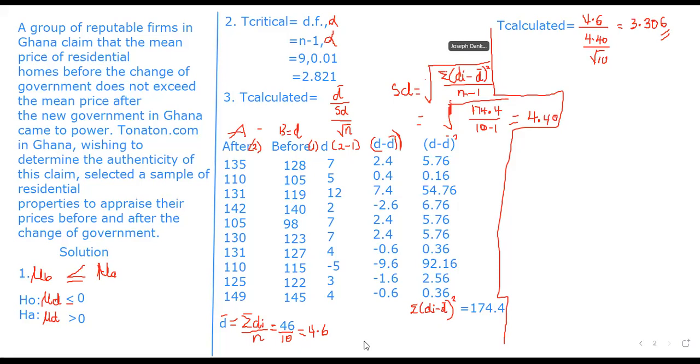All right, what next? The question again. We've solved C now. Now D says we should make a decision with the critical value approach.